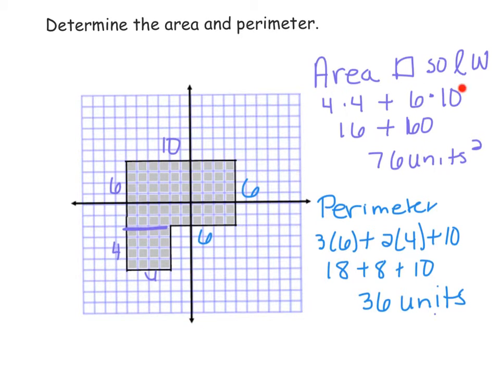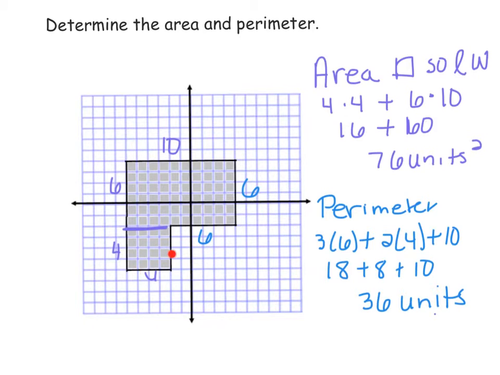So here I started with my area first. They were rectangles, so my area formula is length times width. So I split them here. If you split it this way, that's completely fine. It does not matter either way. So your work might be a little different numbers, but I still want to see your process.